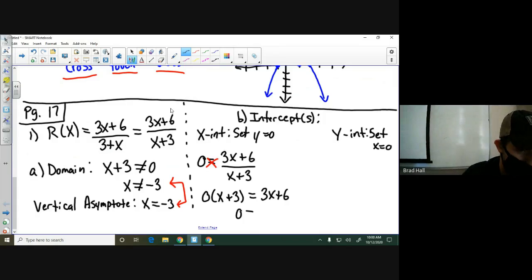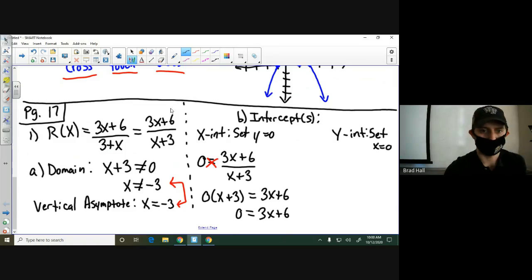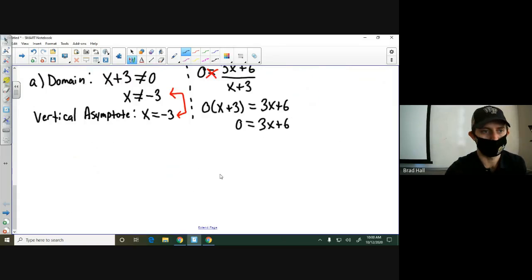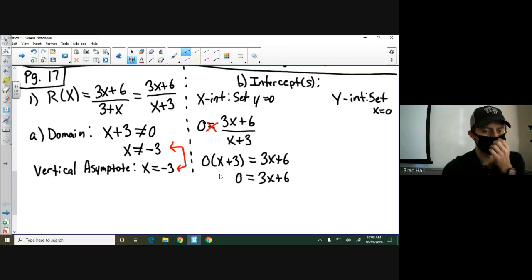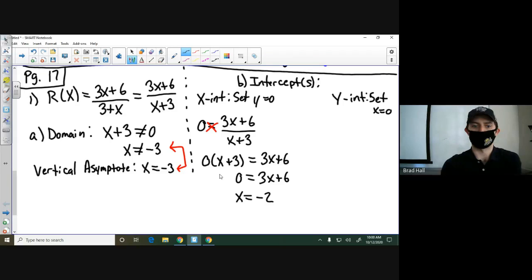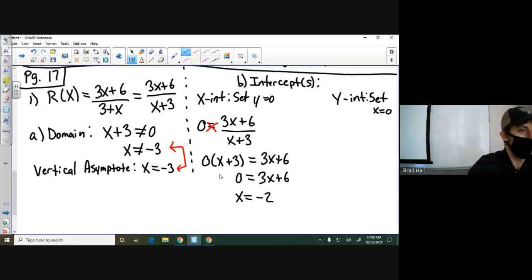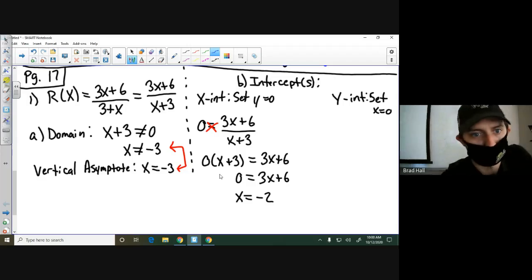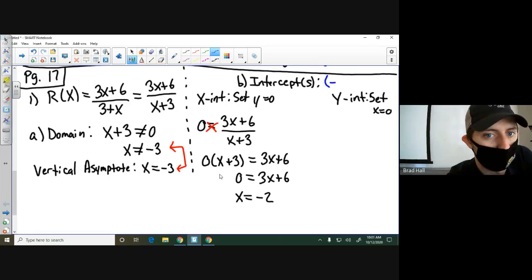So it simplifies really nicely. And solving for x, it's not too much of a leap. So that x is -2. And so that gives us our first intercept. Found -2 for x, and that was when we set y equal to 0.